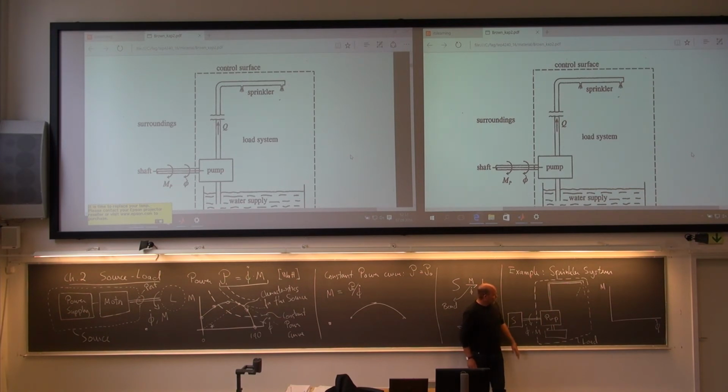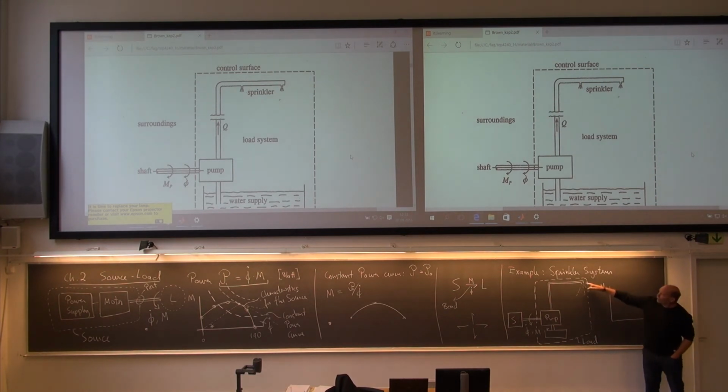And then there is of course a question: how high are these sprinkler pipes? At what storage, at what floor will we need this one?